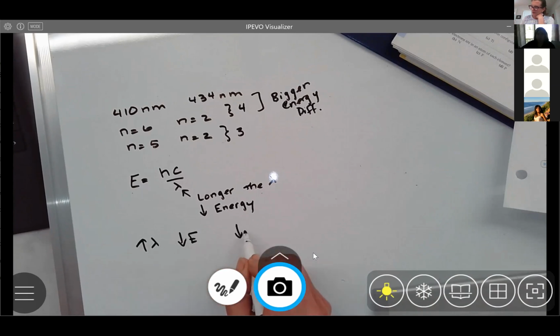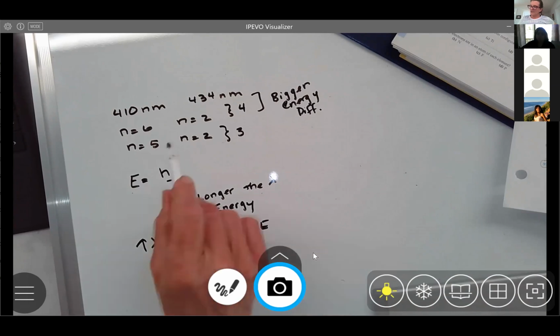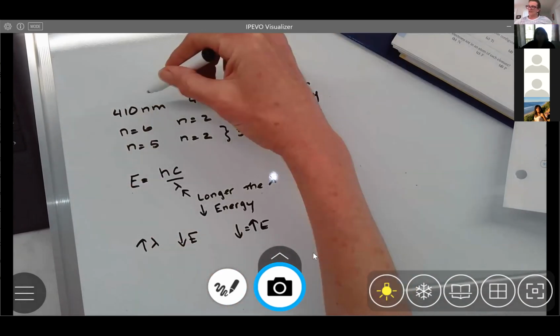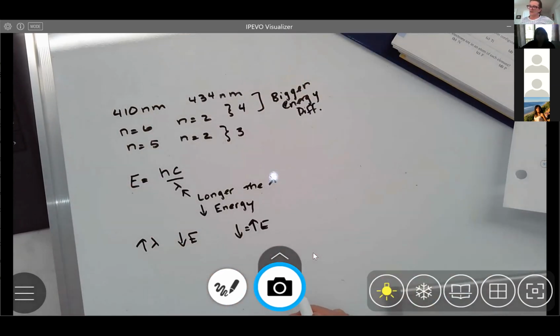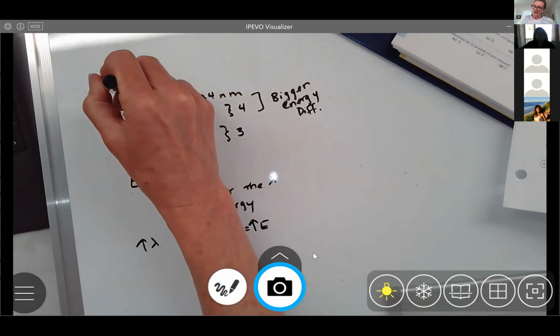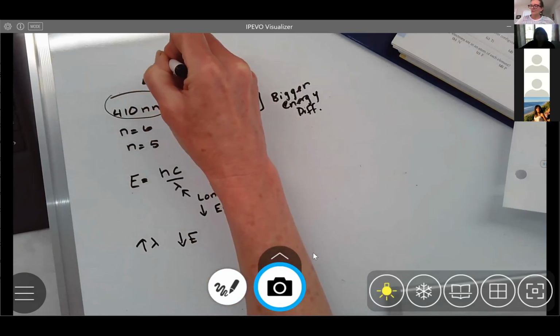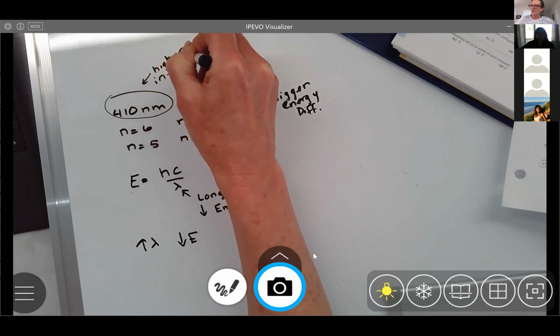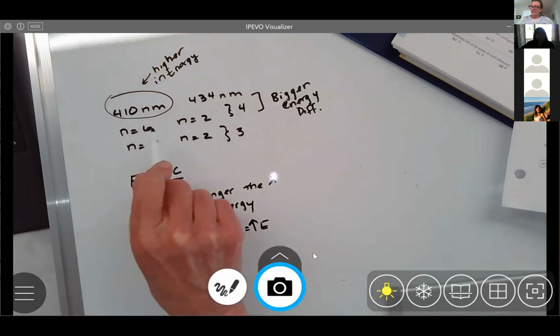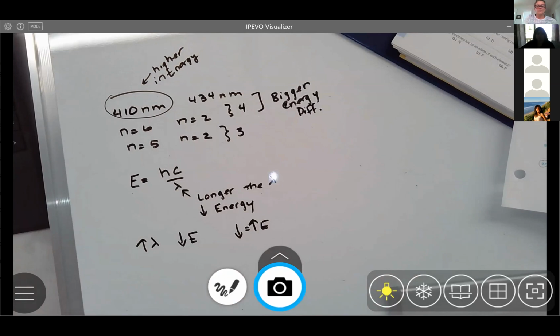If you have short wavelength, it's high energy. So which of these two will have higher energy, 410 or 434? 410. Yeah, this will be higher in energy. So that should correspond to the n equals 2 to n equals 6. Let me see. Yeah.